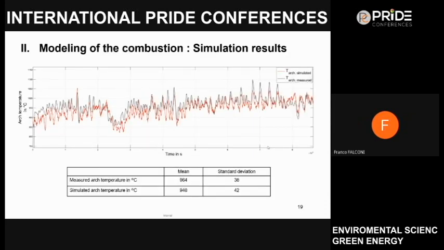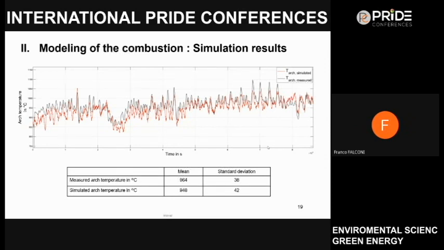Here you have in red the simulated value with the model, and in black the real actual value of the industrial process that has been taken from a real combustion incineration process.